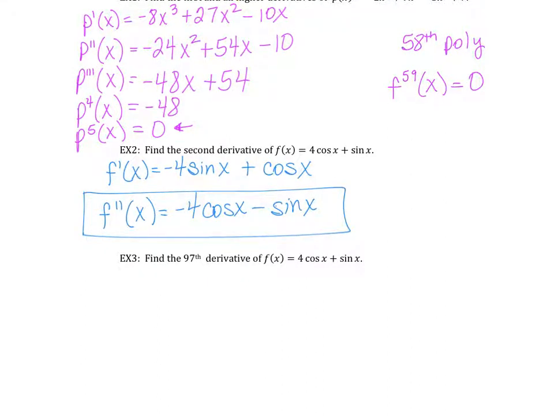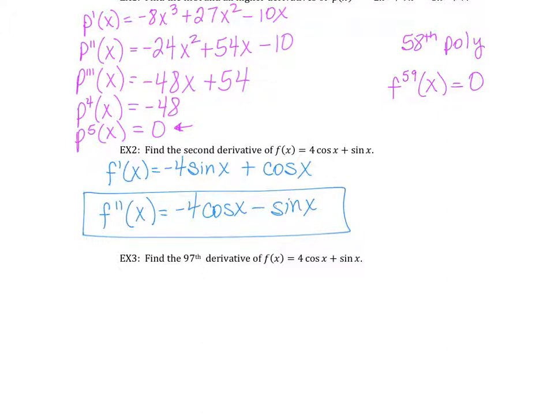Then we get to example 3. Find the 97th derivative. Are you kidding me? The 97th derivative. People, if they ask you for anything like that, and it seems like all I know from tweets after the AP exam, there was something about a 26th derivative or something, because everybody was tweeting about it.